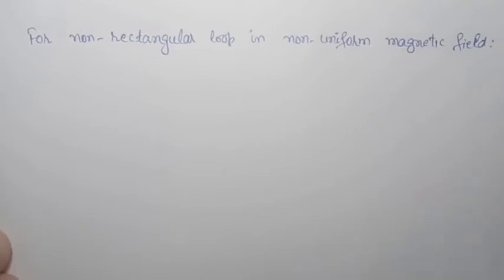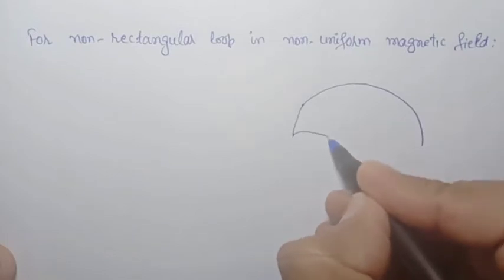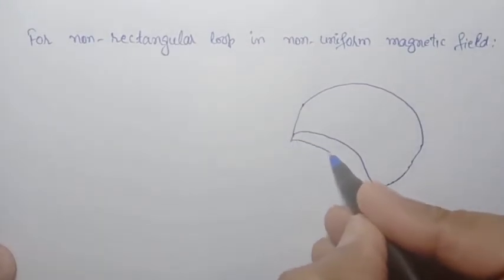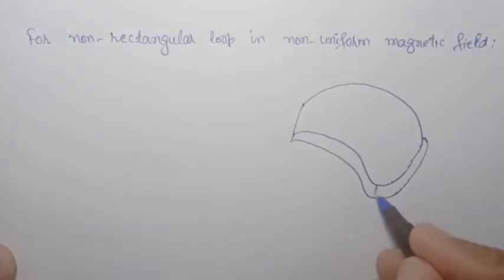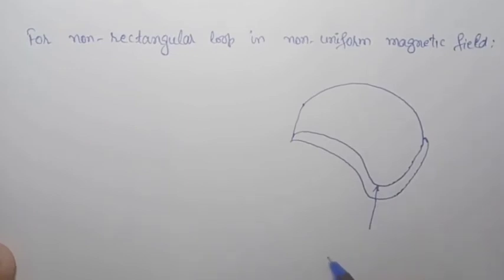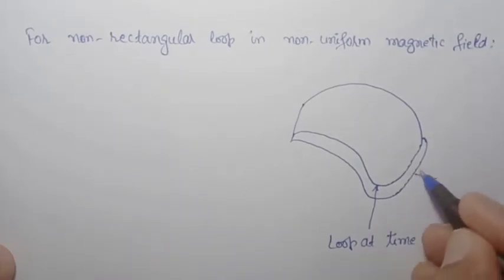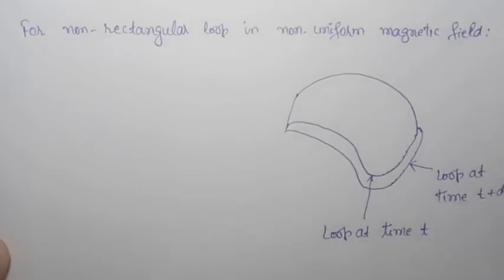To understand this, suppose this is a current carrying loop, and here this is the loop at time t, and this is the case for the loop at time t plus dt.